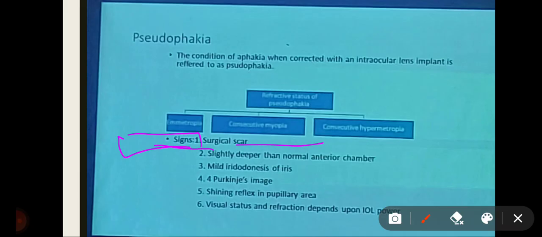Purkinje image test shows 4 images. The pupil is blackish in color, but when light is thrown in the pupillary area, shining reflexes are observed. Presence of the intraocular lens is confirmed on slit lamp examination after dilating the pupil. Visual status and refraction will vary depending upon the power of the intraocular lens implanted.